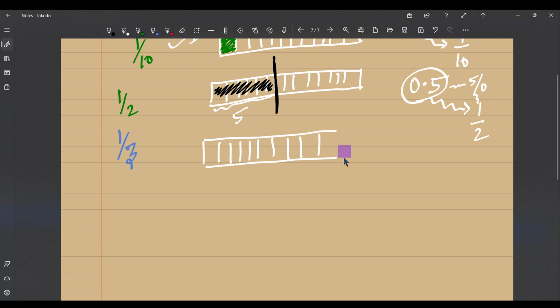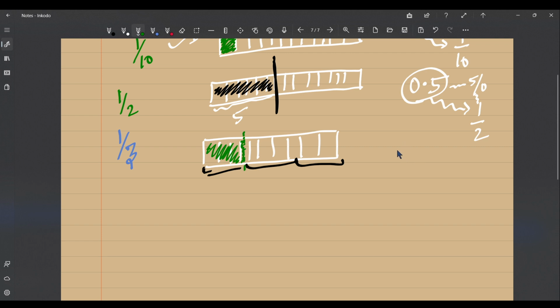So this will give me 10 rectangles, and I'll have to give you a third part of the rectangle. So I divide the whole thing somehow into 3 segments, and I give you one of those segments, and I'm interested in how much you get, how many parts of 10 you get. So this is 3 plus a little bit of this rectangle, right?